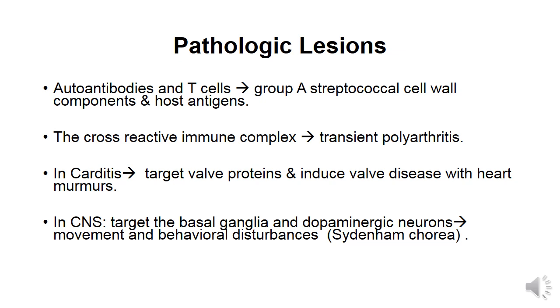When it targets the heart, it can affect the valves, and it can produce pancarditis, including endocarditis, myocarditis, and pericarditis, mainly targeting the valve proteins, and induce valve disease with heart murmurs, which can progress, become chronic, and lead to chronic or permanent damage of the cardiac valves.